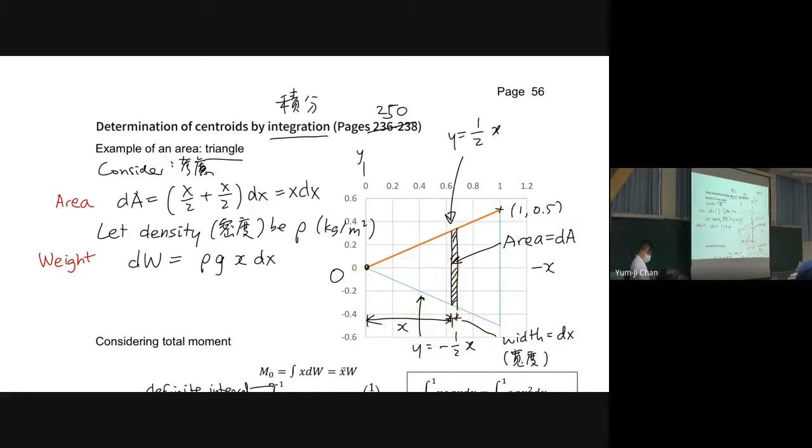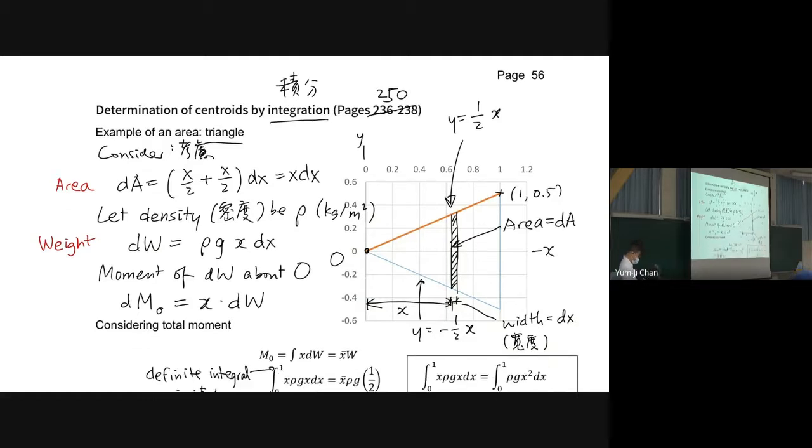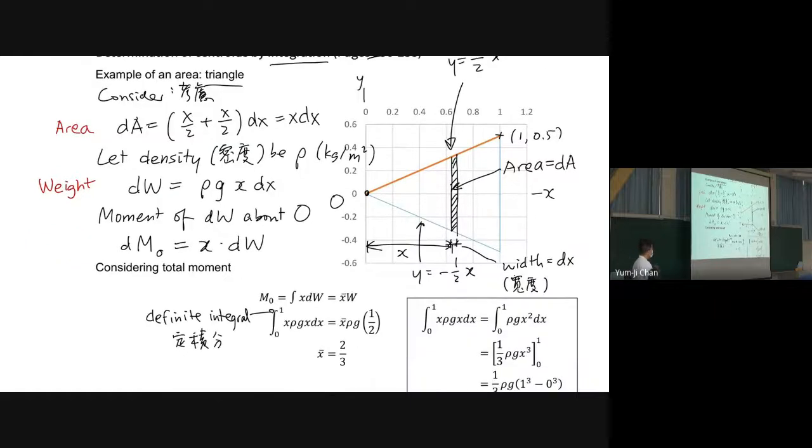So we have MO equal to x times dW. Does this sound logical?